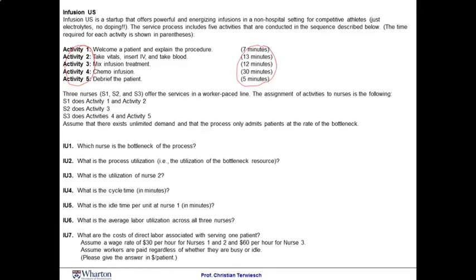It's not that there are 5 workers in this process. In fact, there are only 3 nurses. The first nurse does activity 1 and 2, the second nurse does activity 3, and the third nurse does activities 4 and 5.